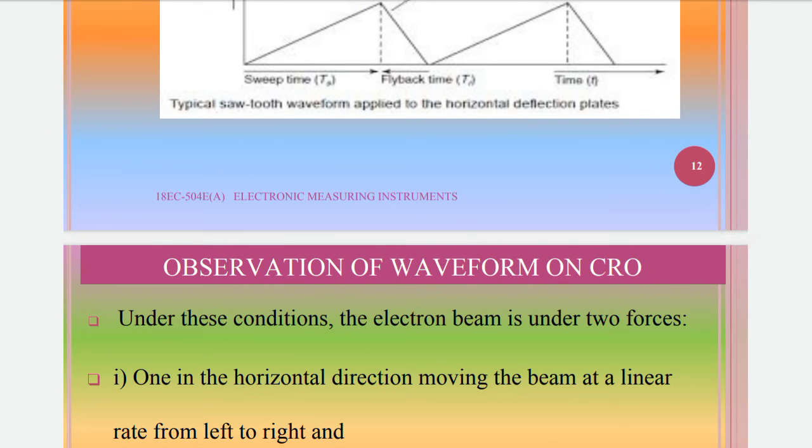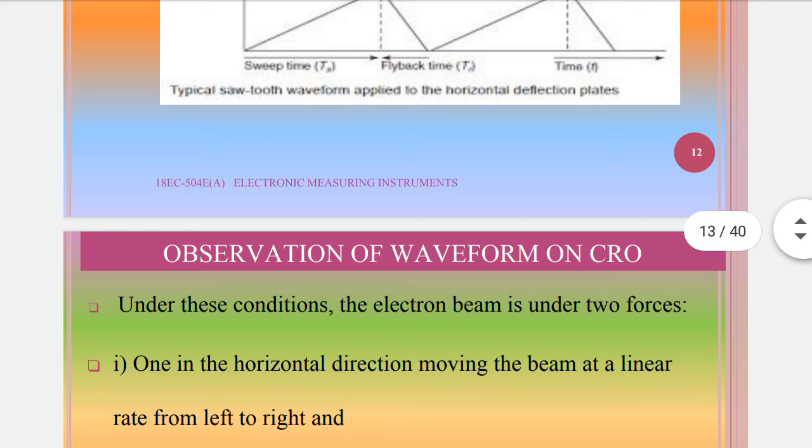Under these conditions, the electron beam is under two forces, one in the horizontal direction and the other in the vertical direction. In the horizontal direction, the beam moves at a linear rate from left to right. Second, in the vertical direction, the beam moves up and down.